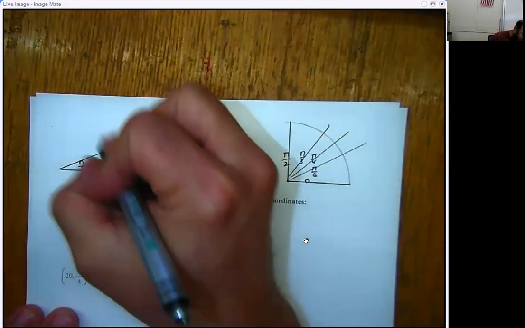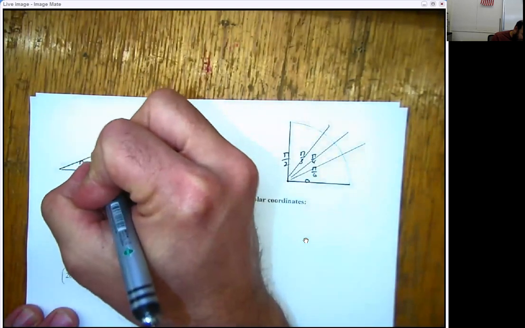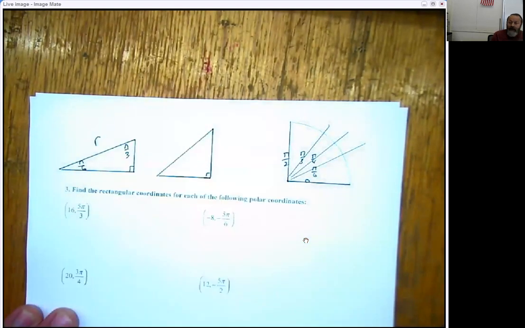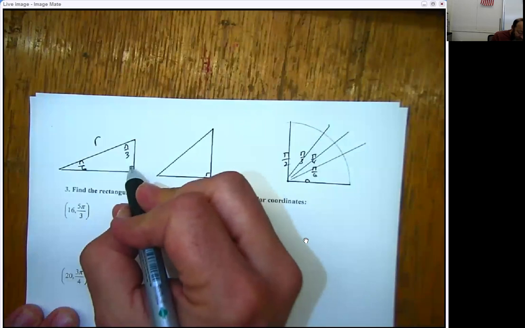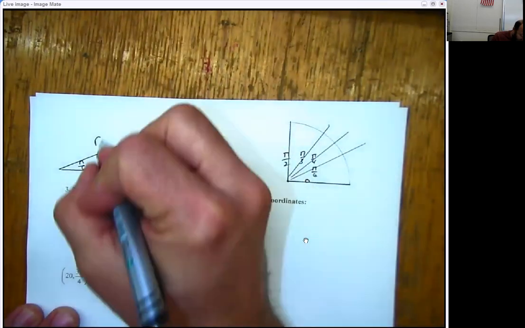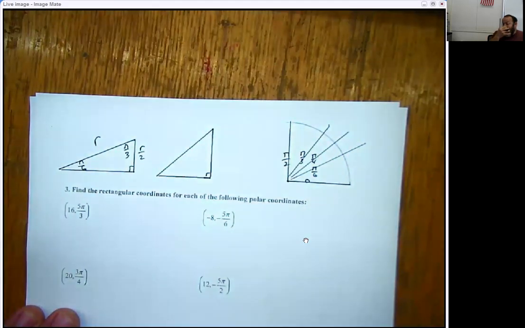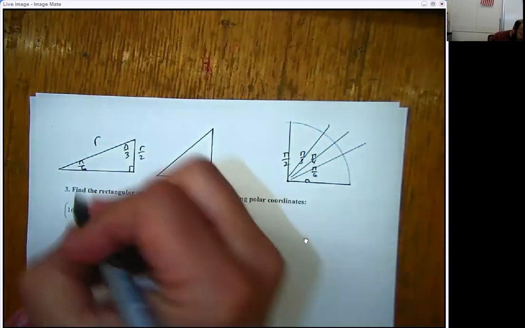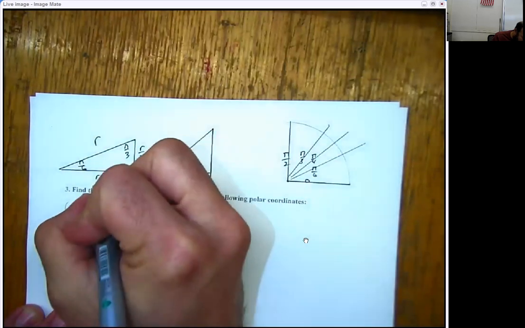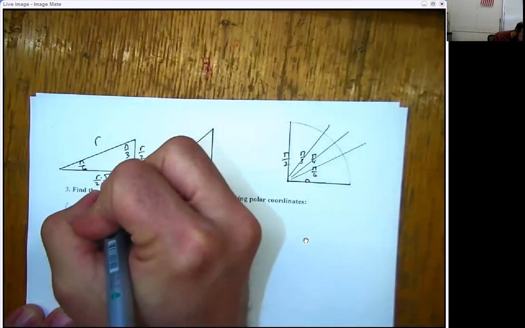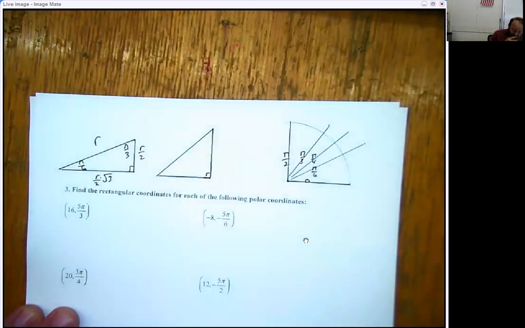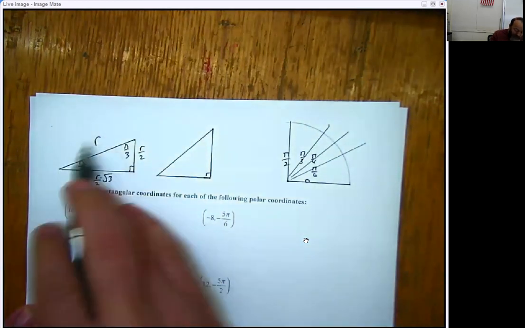So no matter what this value is right here, let's call this R, then this value right here, which is the Y value, would be that R value divided by 2. That's just what we learned back in Math 2 about how special right triangles work. And then whatever this one was, R over 2 times root 3. And that was part of the special right triangles.